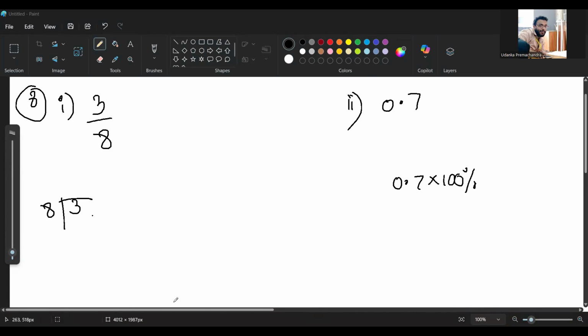Okay. Here, 3 divided by 8. What is the answer? Not 37, 0.37. Oh, I got the wrong one. They are having the decimal point in the beginning. So 56 and 4.